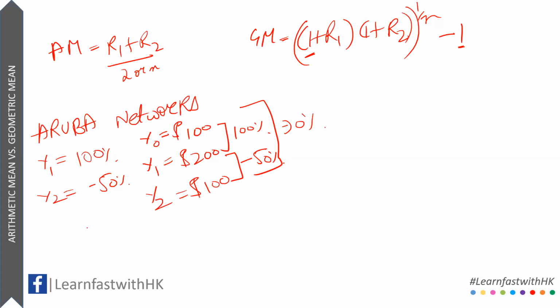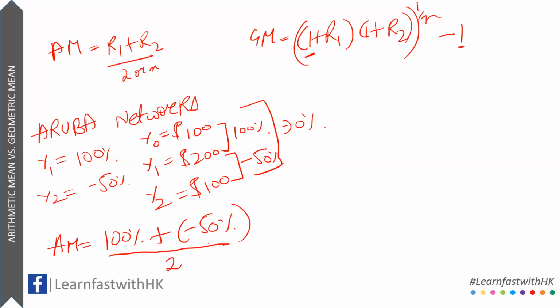Now let's just find out the arithmetic mean of this return stream. The arithmetic mean for this return stream is 100% plus minus 50% divided by 2. And this comes out to be 25%.